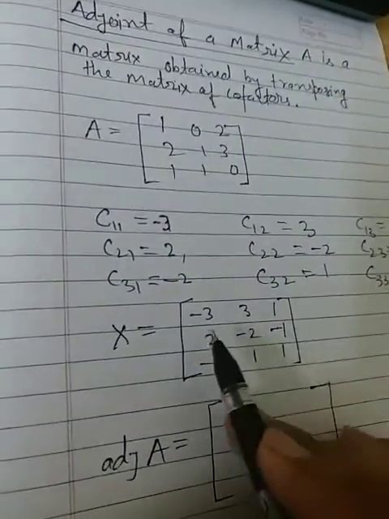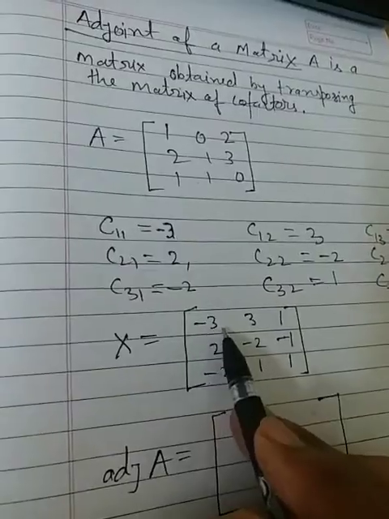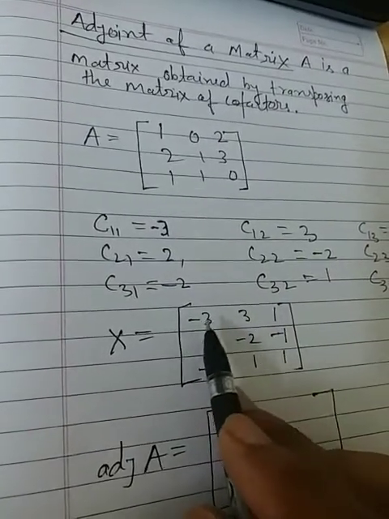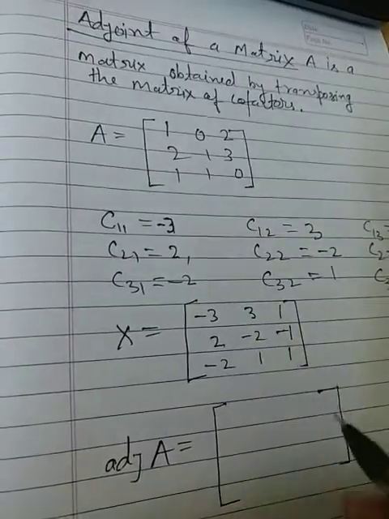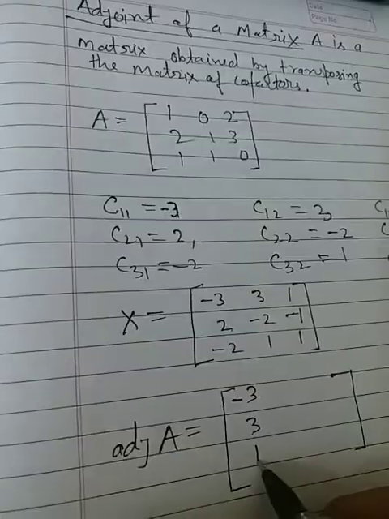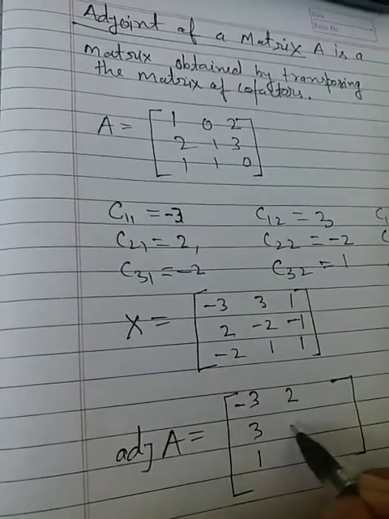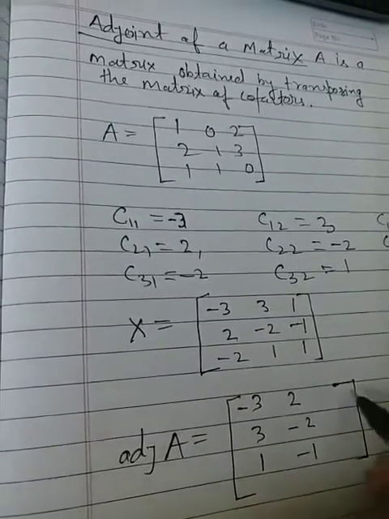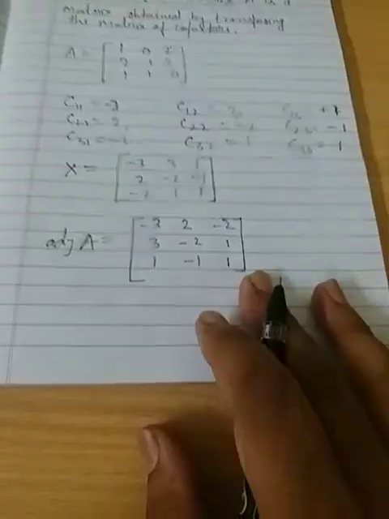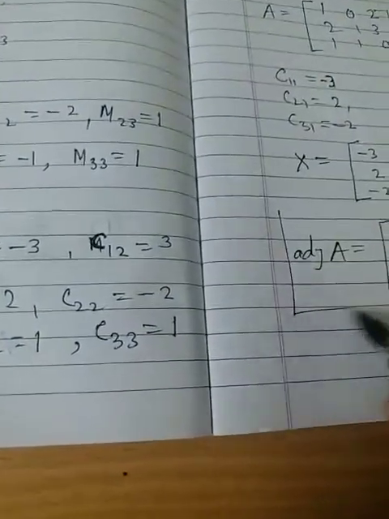And easily you know how to find the transpose: each row will be changed into a column. Minus 3, 3, 1, 2, minus 2, minus 1, minus 2, 1 and 1.